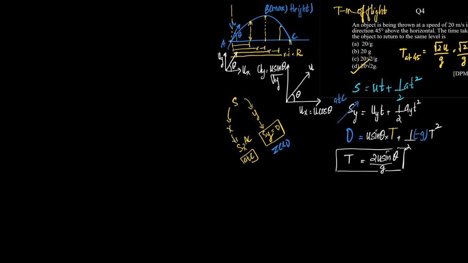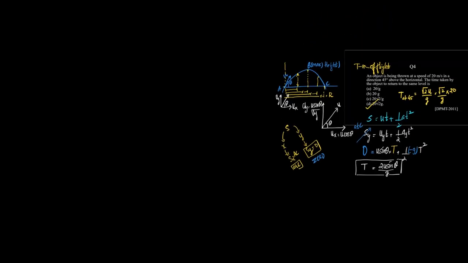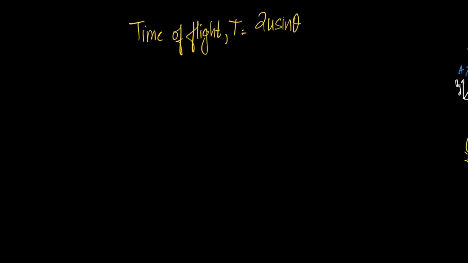Now let us also discuss another point. Okay, let me write down the formula again. So we have time of flight T is equal to 2u sine theta by g.